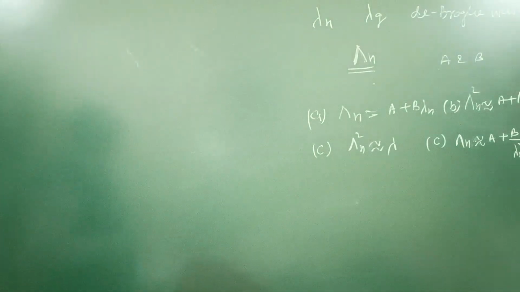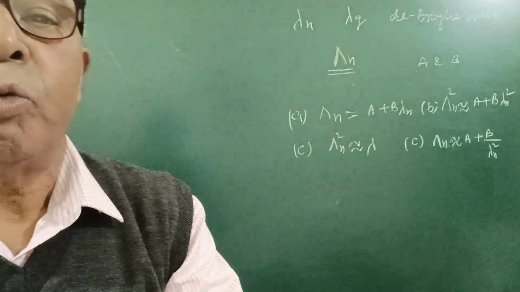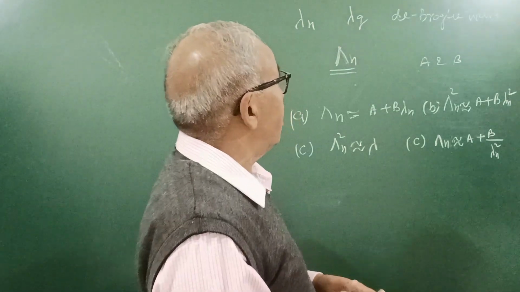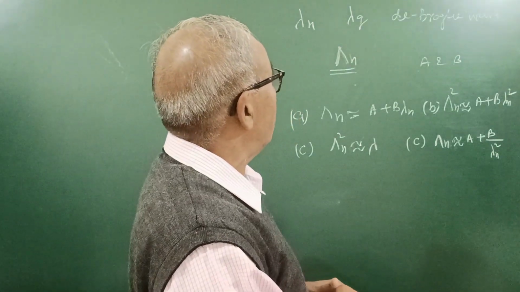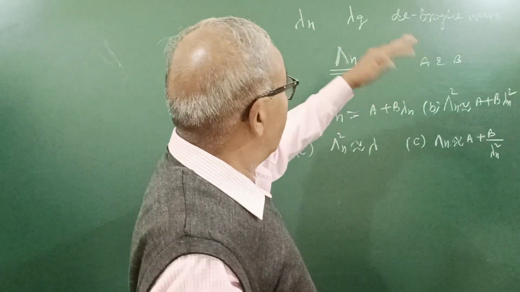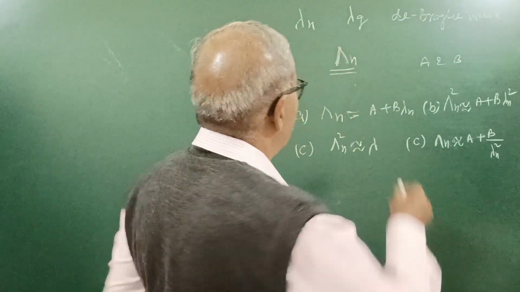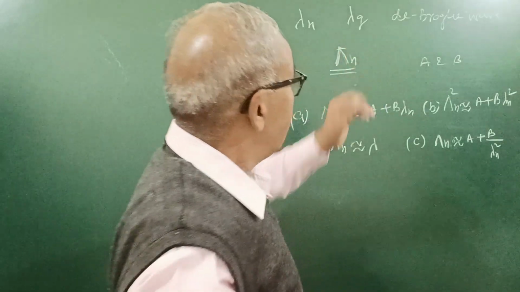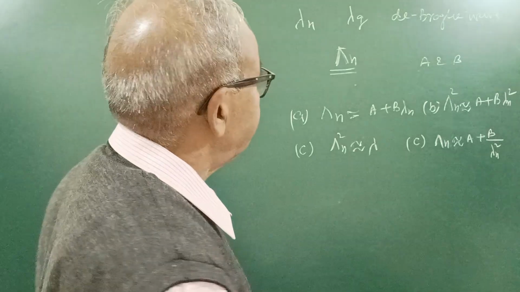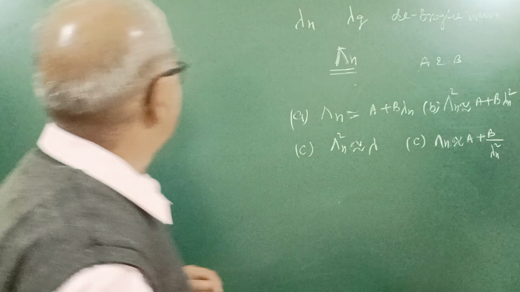Now the question is a little lengthy. Lambda n and lambda g are the de Broglie wavelength of electron in nth state and ground state of hydrogen atom. If the electron jumps from n to ground state, the wavelength of photon is lambda n. For large value of n, which option is correct?